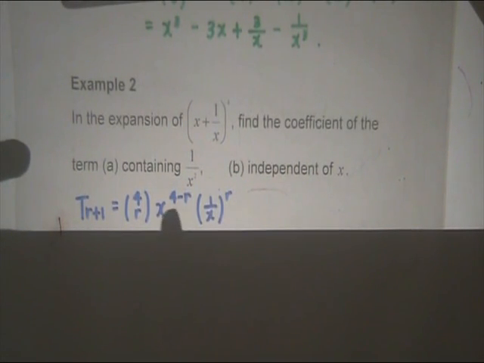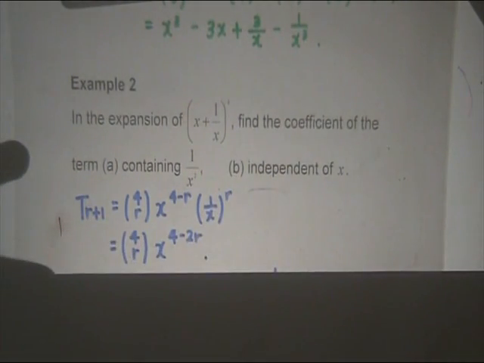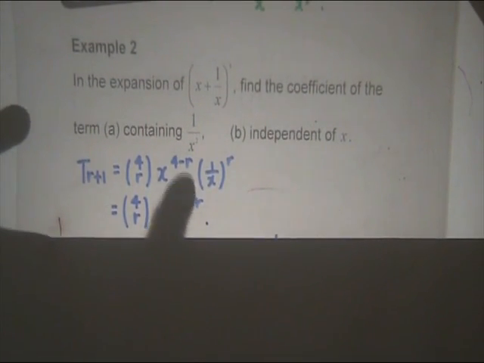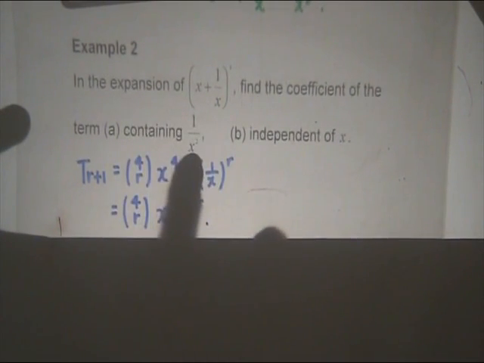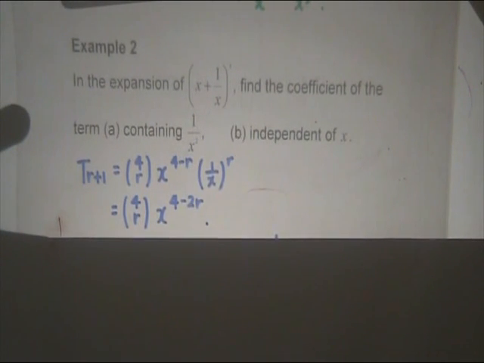From here, we can combine the powers of x, because 1 over x to the power of r will be x to the power of minus r. So we will get 4 choose r times x to the power of 4 minus 2r. We want a term containing 1 over x squared, so the power of x in this case will be x to the power of minus 2.